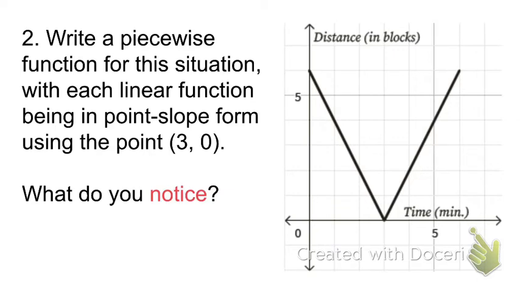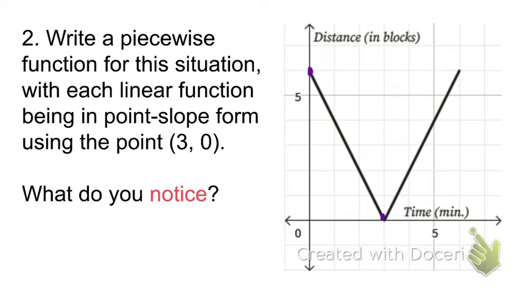So for problem 2, we're going to come up with the piecewise function for this particular situation about Michelle and the bike ride that she is on. So the first one that we have is this downslope, where we're talking about from here to here. Michelle is going on this bike ride to her favorite lake.